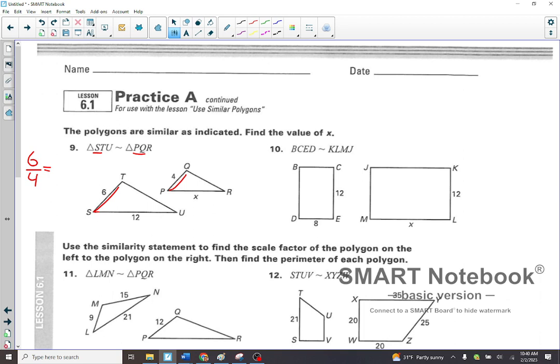In the same way, SU, which is the last 2 letters, matches with PR, the last 2 letters. So 12/x. When you do this, you cross multiply. So 12 times 4 is 48. So 6x equals 48, divided by 6 on both sides. X equals 8.